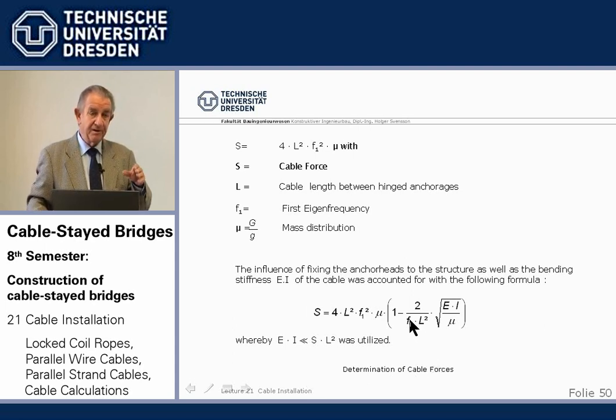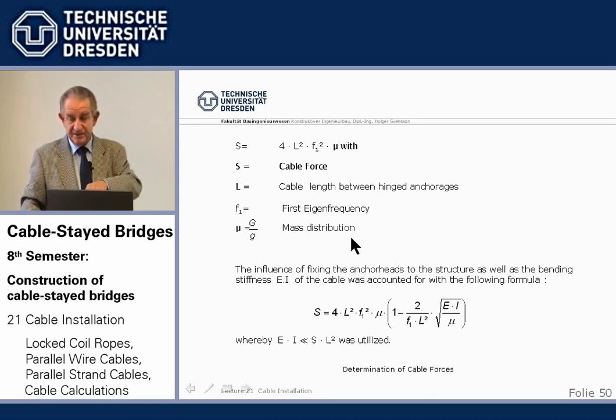In the written script, there is an example shown of the differences in cable forces for the various methods. But just remember, the simplest method is excite the cable, measure the eigenfrequencies, and you'll get it.